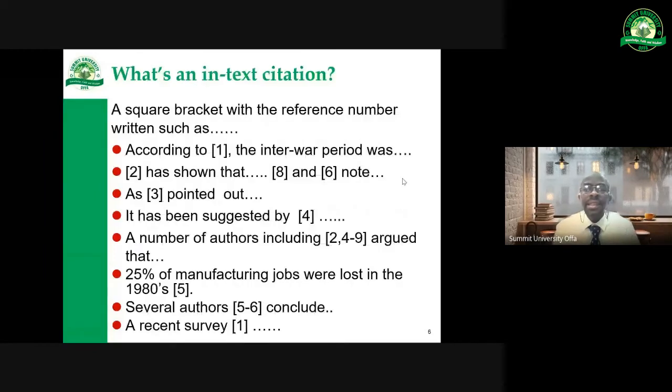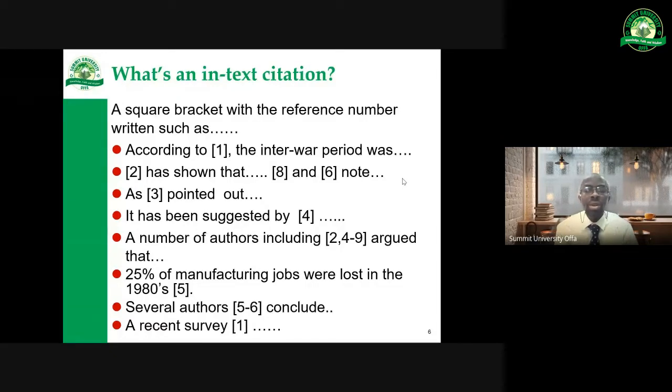What is an in-text citation using IEEE format? It involves the use of a square bracket with the reference number written inside that square bracket. Please take note: square bracket. That is what IEEE in-text citation is all about. You use a square bracket with an Arabic numeral inside it, not author and year.